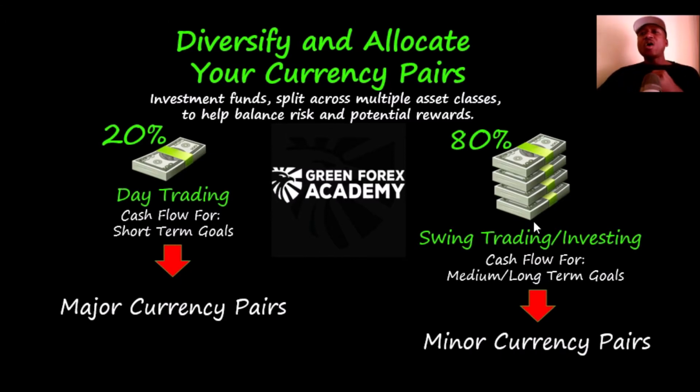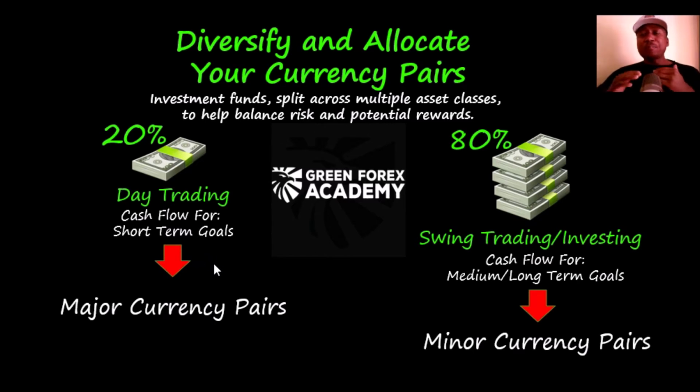Because here on the swing trading / investing, the minor currency pairs have more spreads, and because you're looking for 50, 100 or more take profit, you can comfortably trade minor currency pairs with 80% of your capital. You can as well trade even major currencies with 80% of your capital. But if you need cash flow for day-to-day, then you want to trade major currency pairs with 20% of your capital.